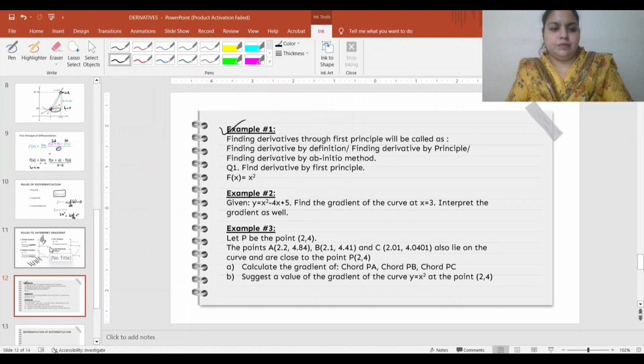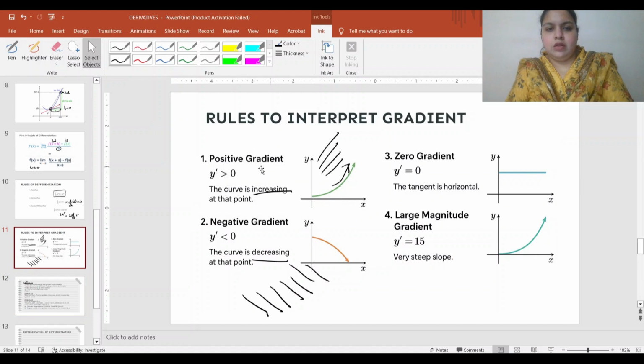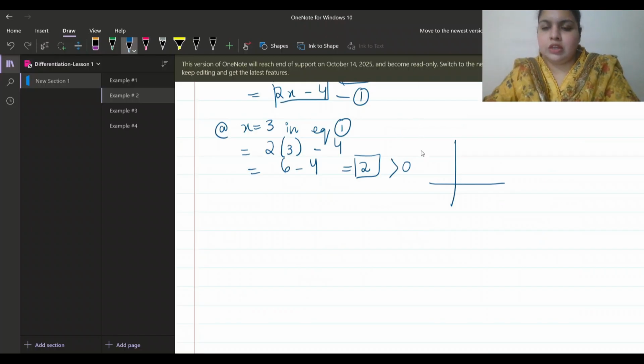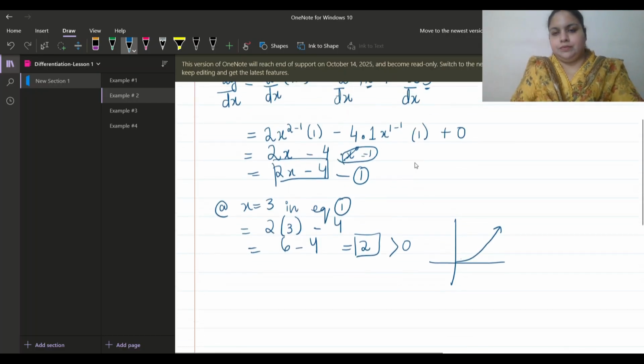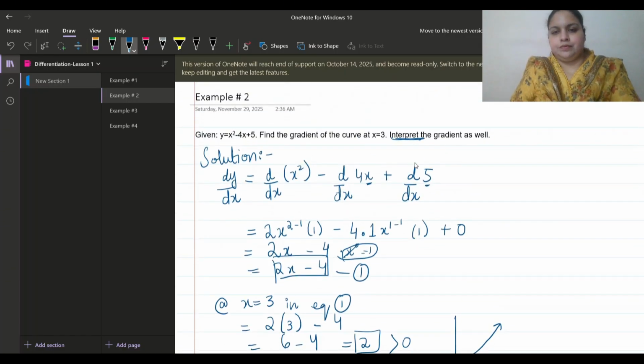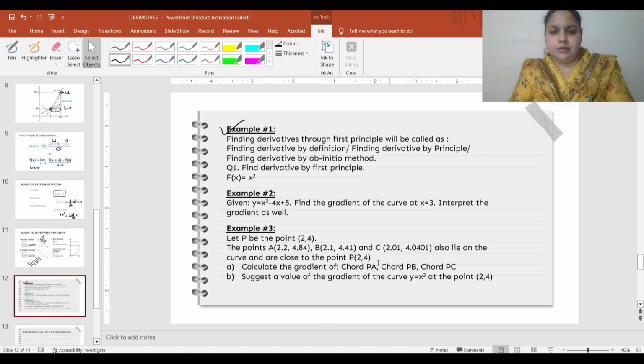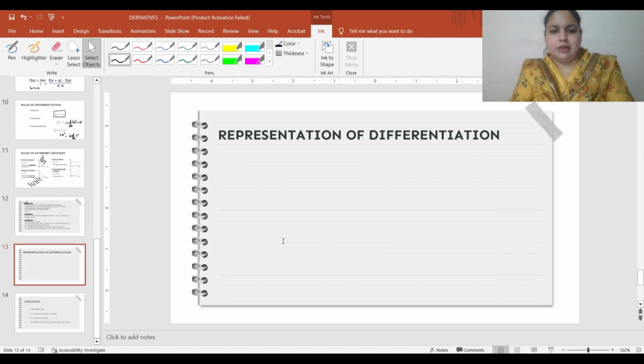As I showed you over here, this was for the positive gradient, this was for the negative gradient, this was for 0 and large magnitude. So you can just make a rough graph for it just to show that you got a positive gradient.